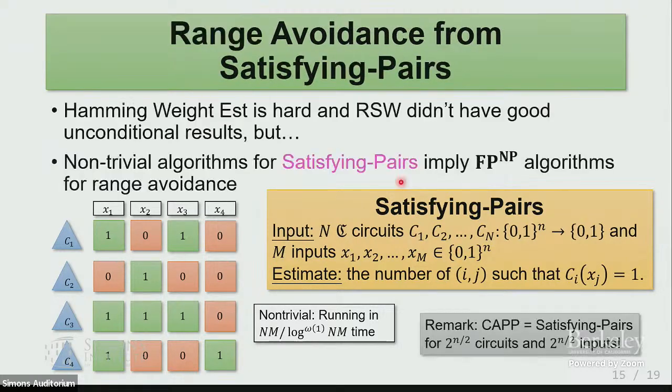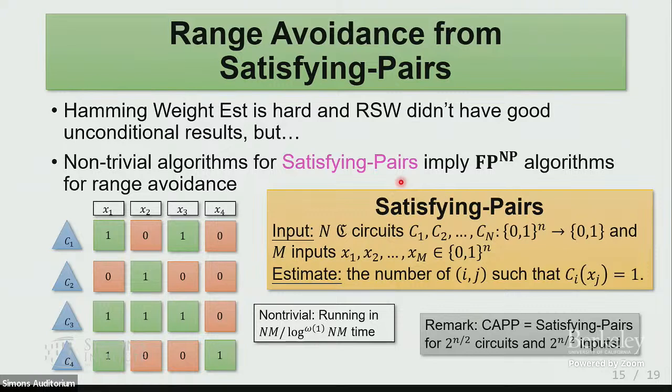Does this reduction make satisfying pairs harder, or is it actually equivalent? I don't think it's equivalent. By reduces to, I actually mean a non-trivial algorithm for satisfying pairs implies a non-trivial algorithm for CAPP, because the reduction takes 2^(n/2) time.